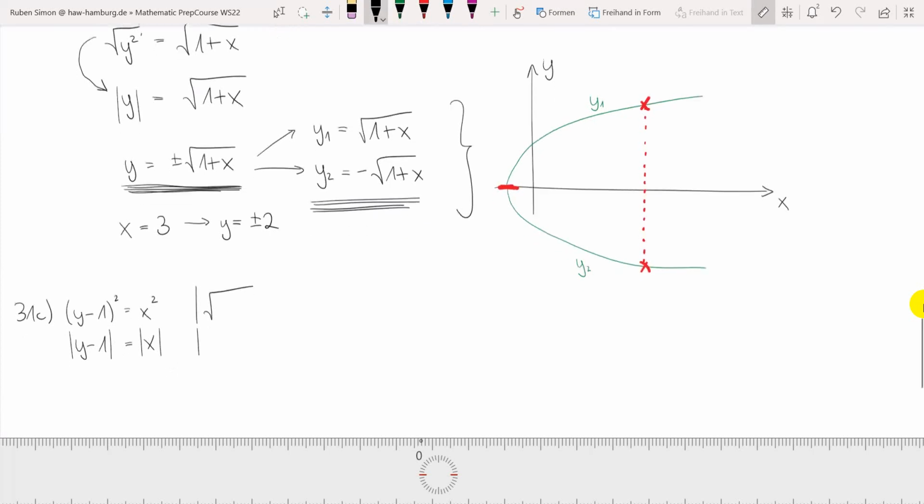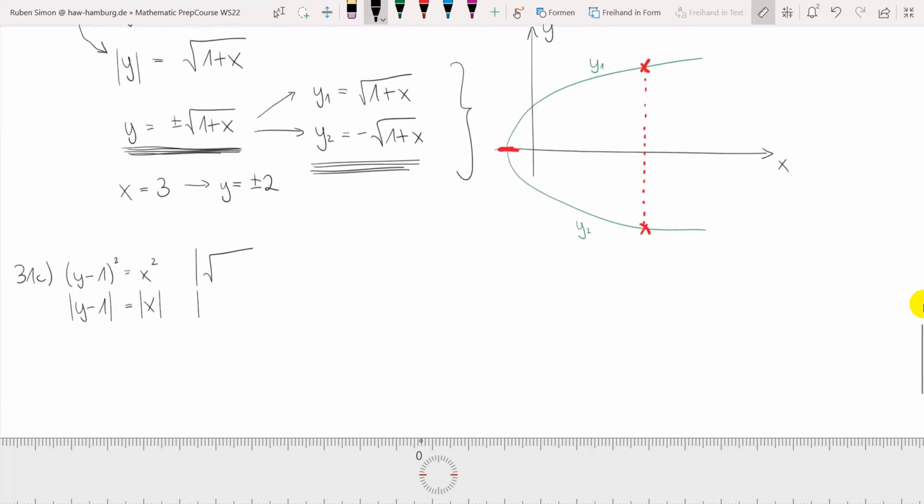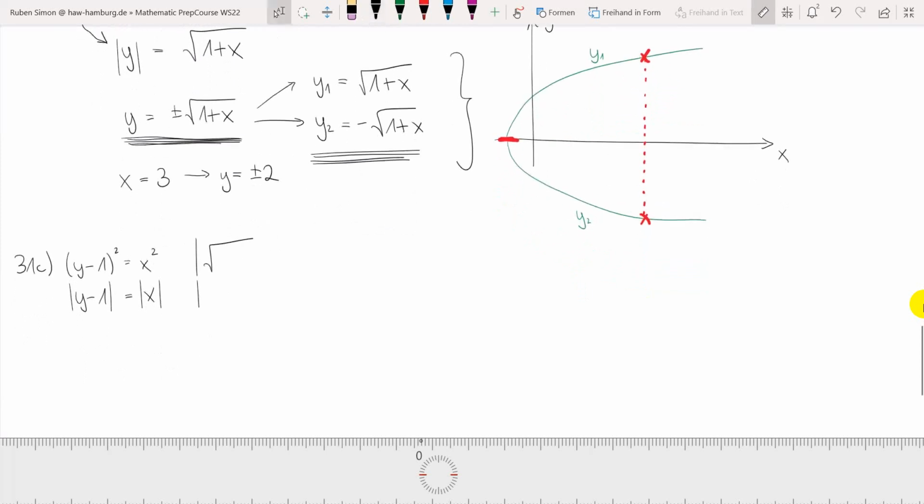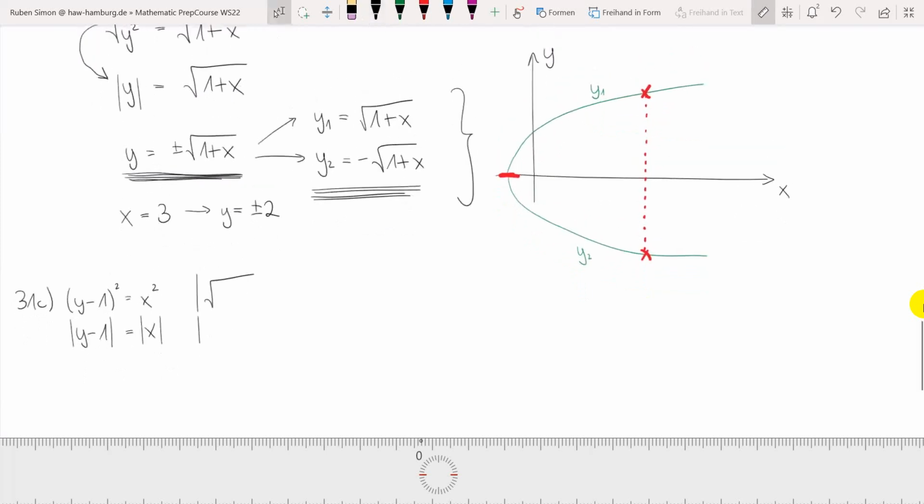Actually, you could apply what I told you about this. If you have the absolute value of something, let's see if it works. I'm not sure about this now, but we'll see. You could think of transforming one of the absolute value dashes into this plus minus thing.